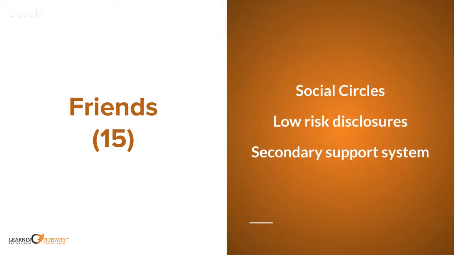And now we're starting to get to the level of friends, right? So friends are defined by, now these are a group of people that you would consider to be, as a student, part of your social circle. You'll start to have low risk disclosures exchanged between the parties. Low risk disclosures mean, now I actually do know your name. I probably know your major.